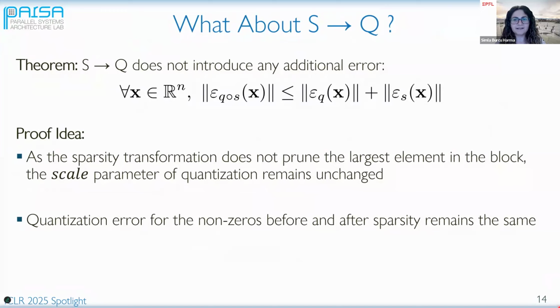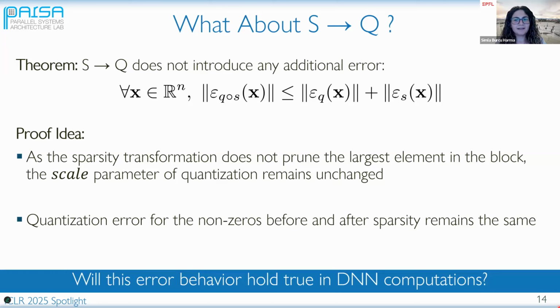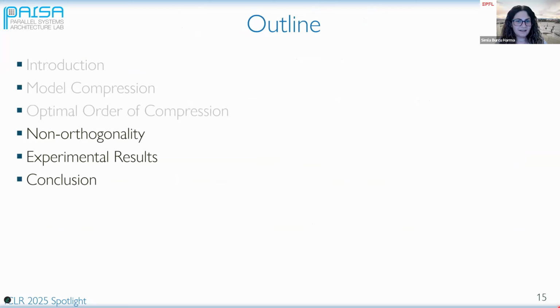So the error doesn't increase unexpectedly for a given tensor. Now, this is for a single tensor. What happens if we think about the DNN computations? Will this behavior hold true for the computations in DNNs? Now we established that at the tensor level, sparsifying first does not introduce any additional errors.